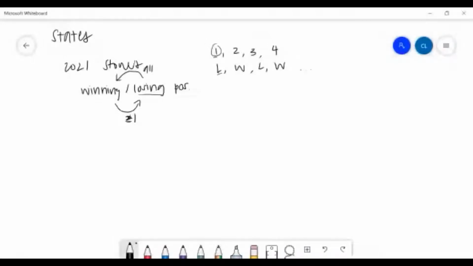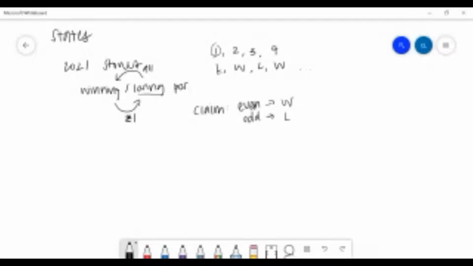So this creates a pattern, and we claim that an even number of stones in the pile is a winning position and an odd number is a losing position. Sometimes these problems can be proved by strong induction. So the base case is n equals 1.